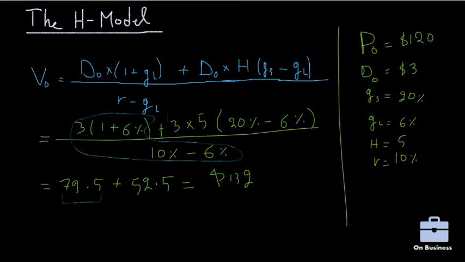But the second term gives me 52.5, which is the part of this 132 that comes from the high growth period. So after valuing my stock, I find that it's $132, which is more than the price in the market, that is $120. Therefore, this stock is undervalued, and it might be a good indicator for me to go and buy this stock because it's undervalued.